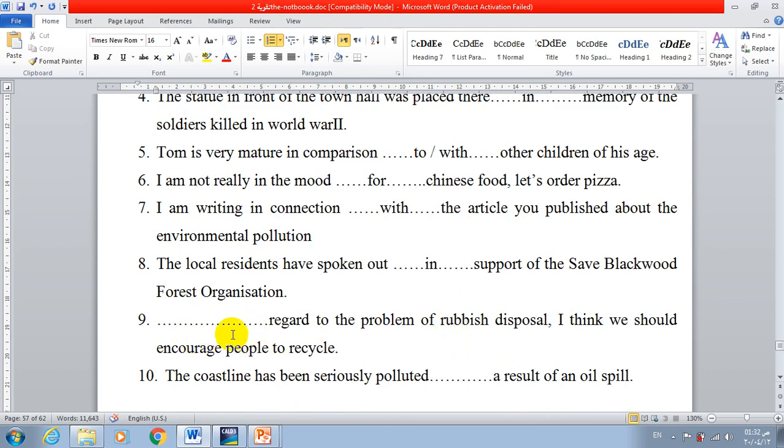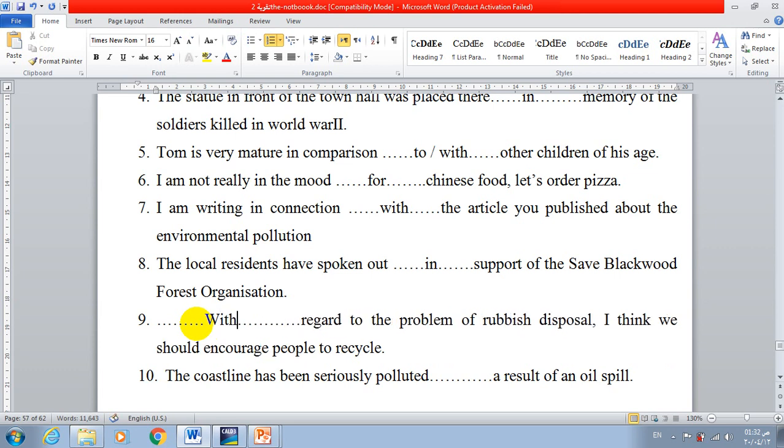Number 9, spaces regard to the problem of rubbish disposal, I think we should encourage people to recycle. What is the right preposition for number 9? Good. We can use here with or in, with regard to or in regard to.